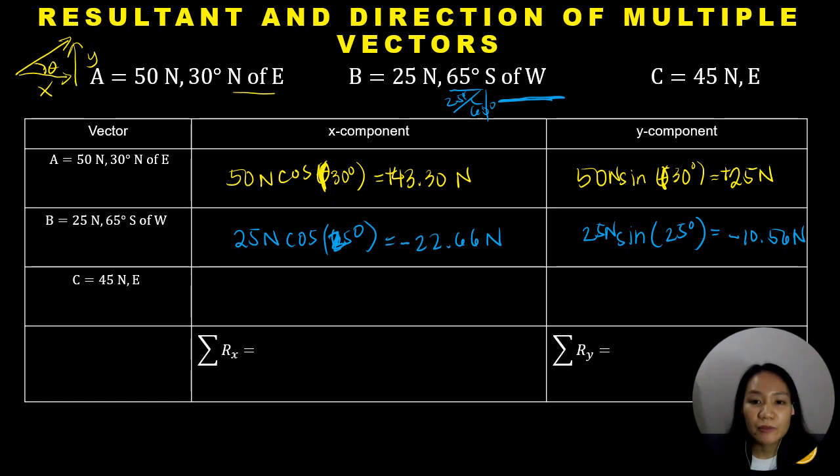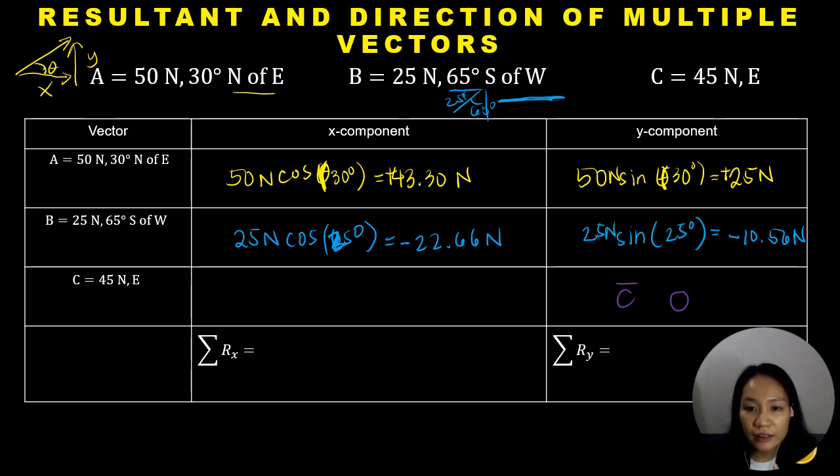All right, moving on. Vector c. So for vector c, it is along the horizontal or the east direction. So since there is no y component, then we can say that the y component is 0. So just put a 0 there if you want.